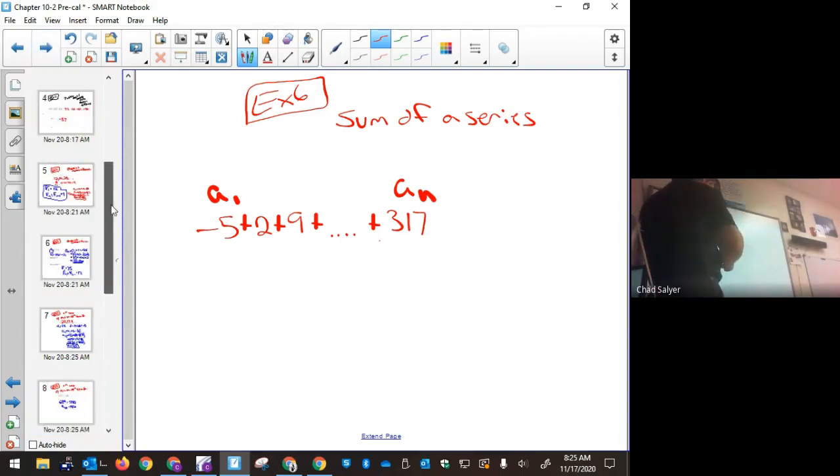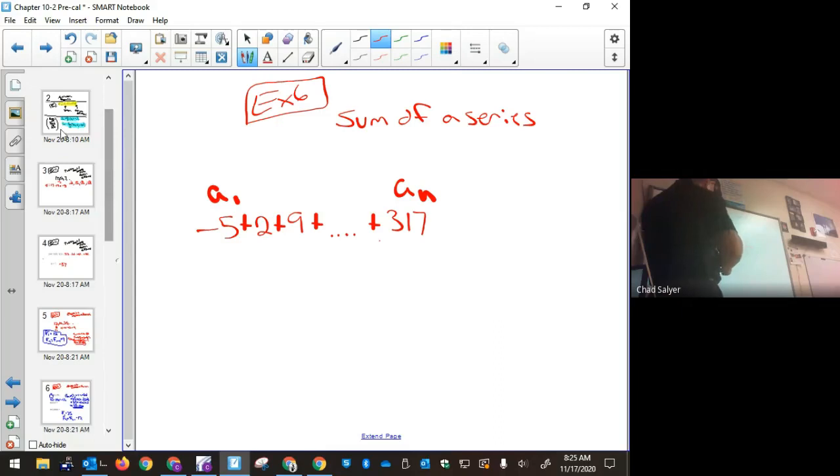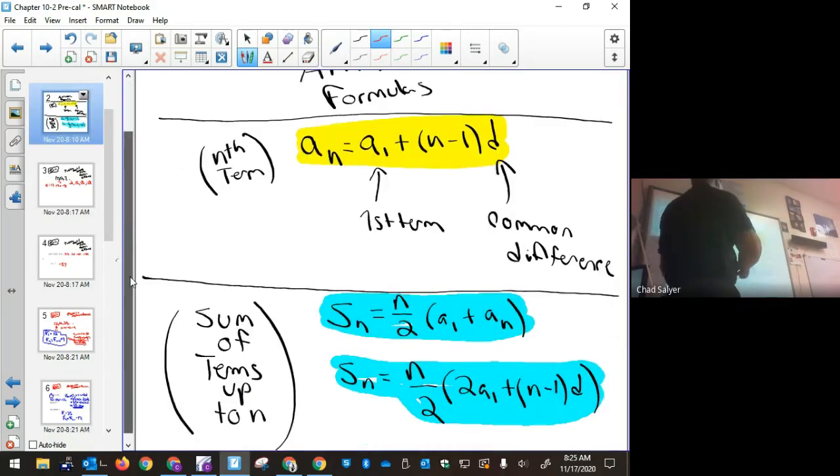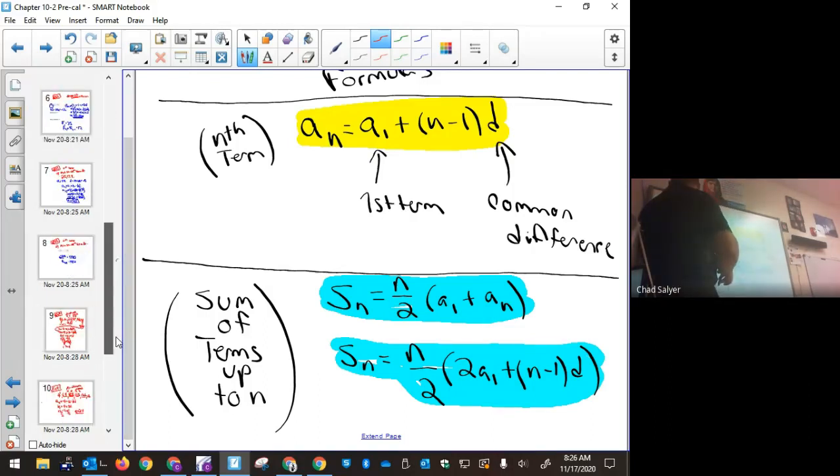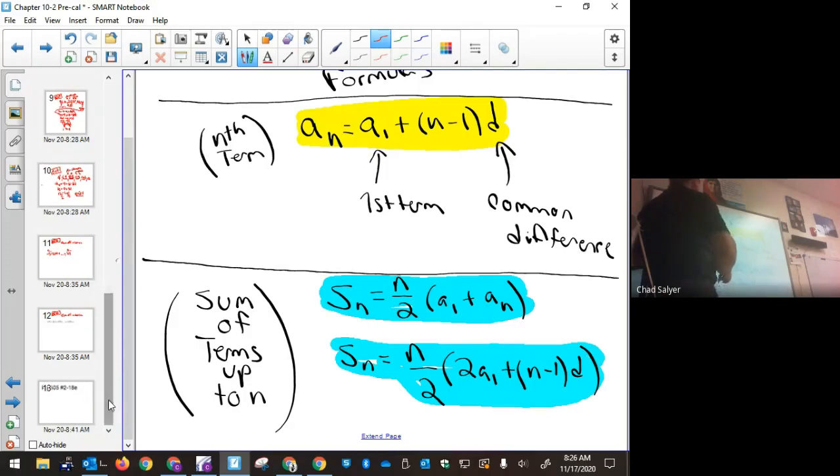If you look back at those formulas, there are two in the blue down here. For this one, I would need to know what that n value is. For this one, I would need to know the n value and the d value. So that's a little bit of extra work to use the second one in this case. We'll just stick with the first one: n over 2 times a sub 1 plus a sub n.